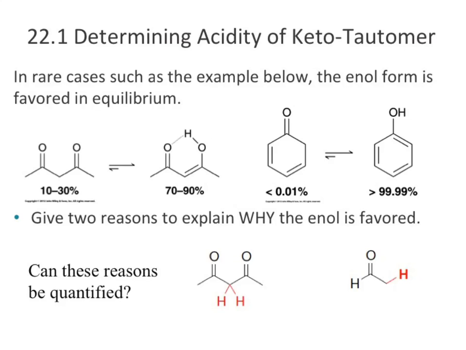Left should be more acidic because? What we just talked about, just ditto, right? We have those two carbonyls. Can we quantify that? Can we put a number associated with it to prove that that one is more acidic? What do we quantify it with? We use the pKa's. What is the pKa for a more acidic compound?